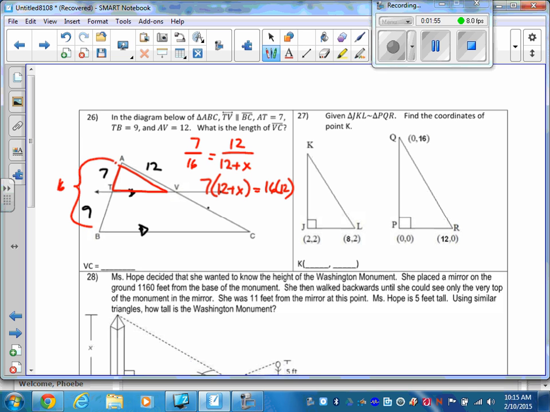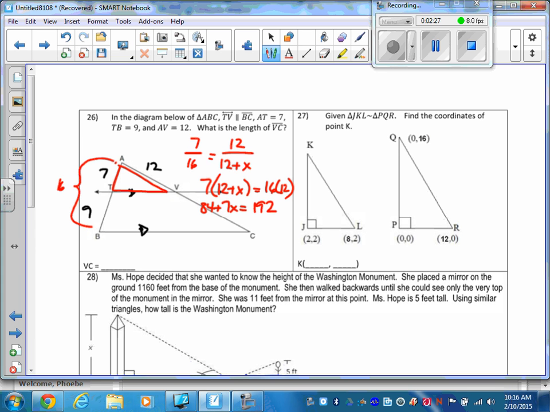And so as we multiply this, 7 times 12 is 192. So 192 plus 7x equals, and 16 times 12, I'm sorry, I got that backwards. I wrote it down the other way. 7 times 12 is 84. 84 plus 7x equals the 192. That's where I was getting 192 from.